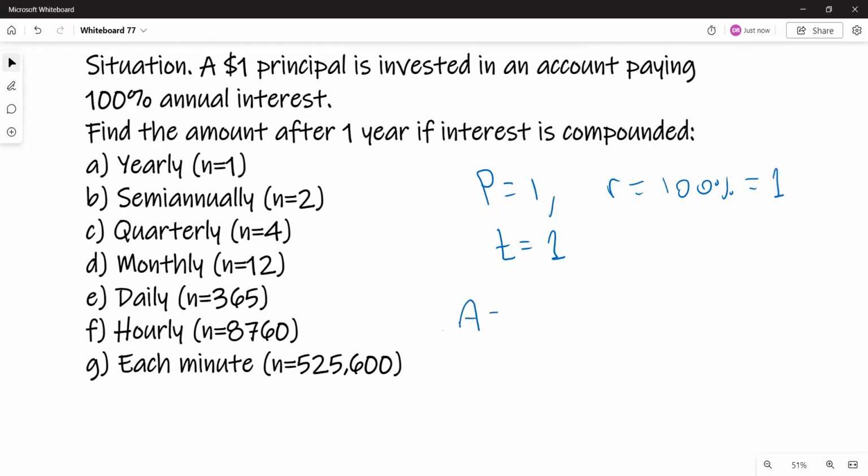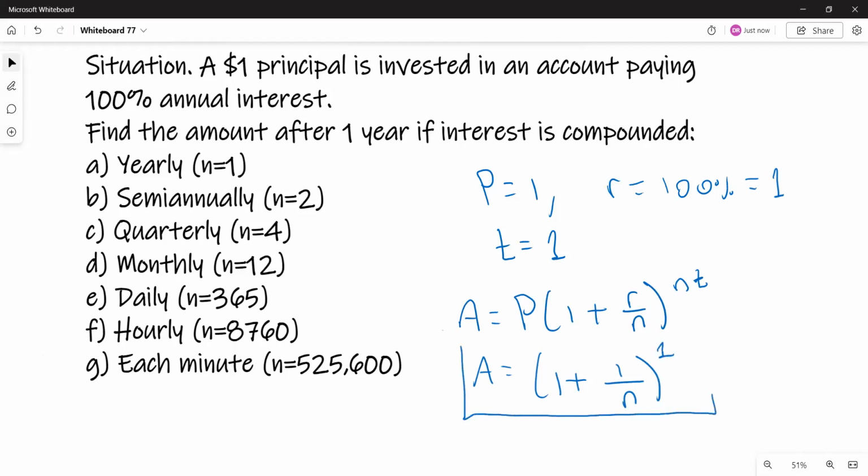So the amount is going to be the principal times 1 plus r over n raised to the n times t. So this is 1 plus 1 over n, and if t is 1, that's going to be n times 1. So what I'm going to do is put this in Excel. What happens when this number increases?